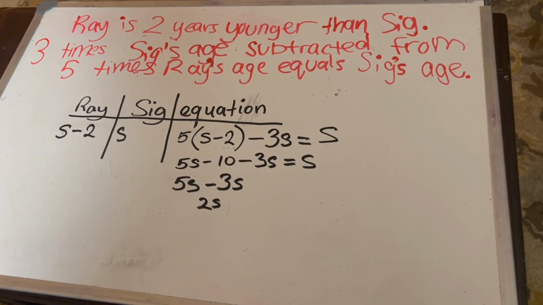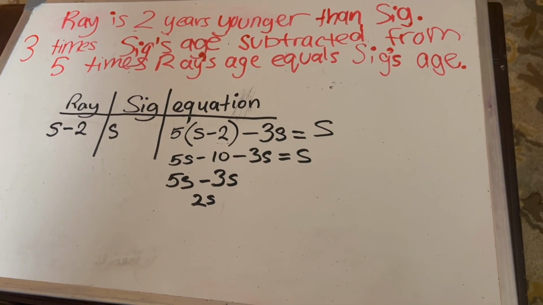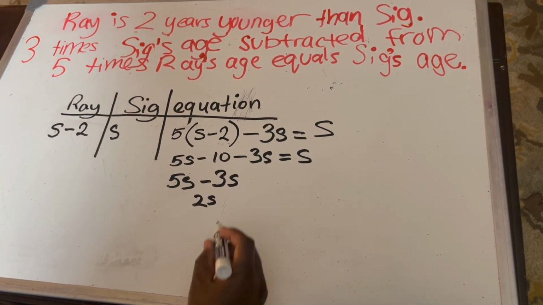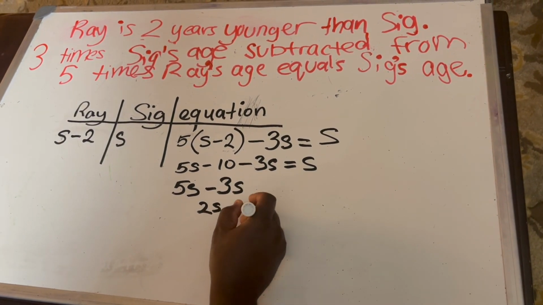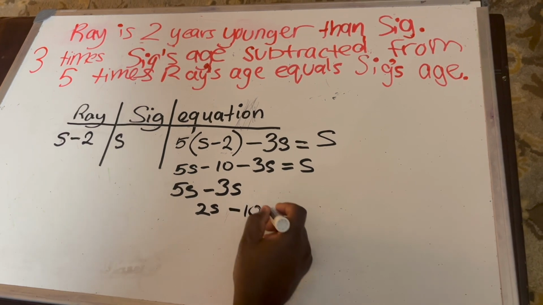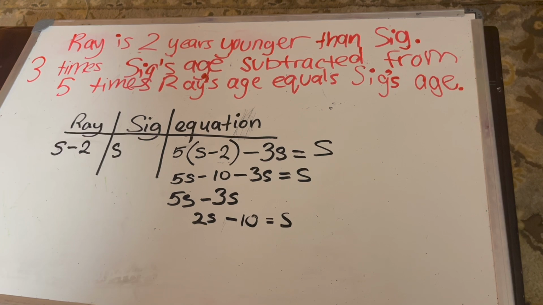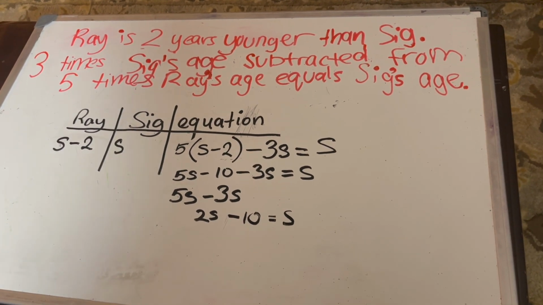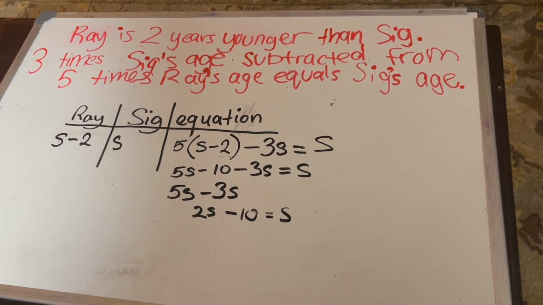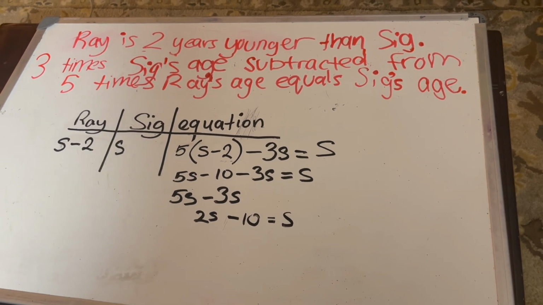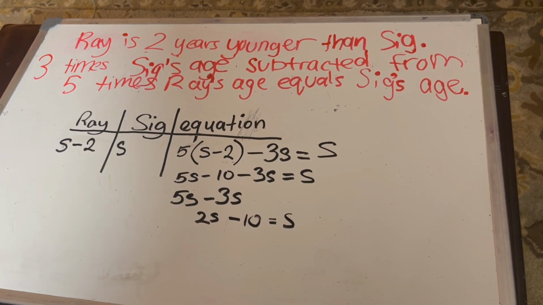now that we have gotten our 2s, we're going to bring down our negative 10 from earlier. So we're going to put minus, exactly. And then bring down the remaining part. Now, we also need to isolate the variable.